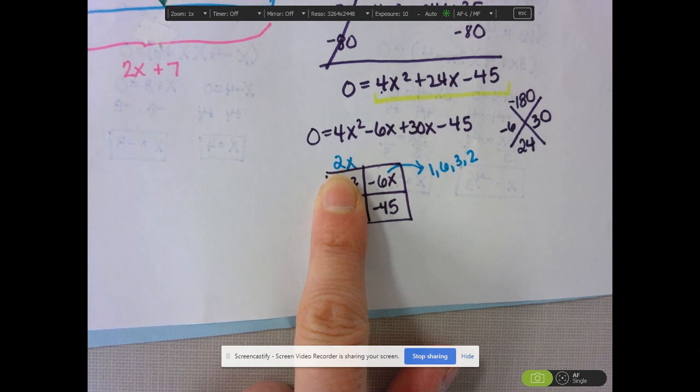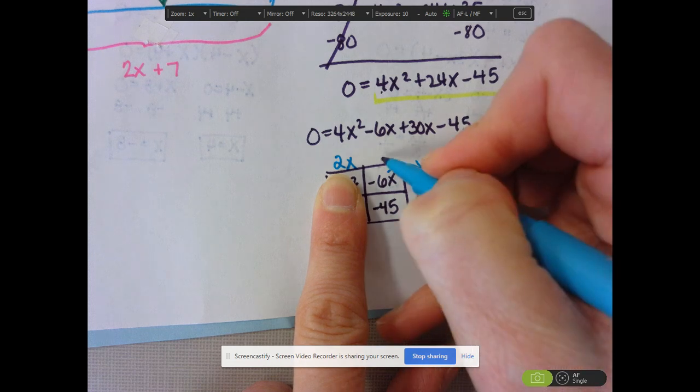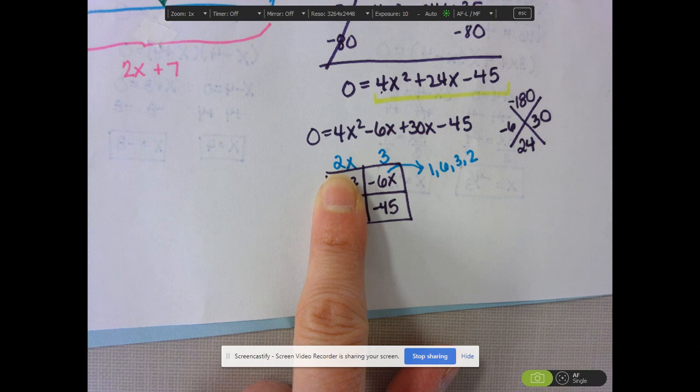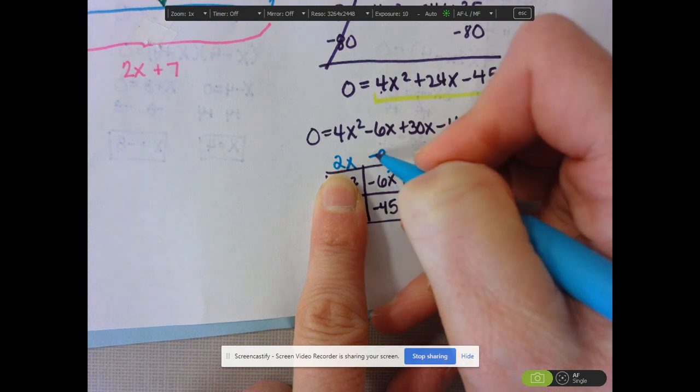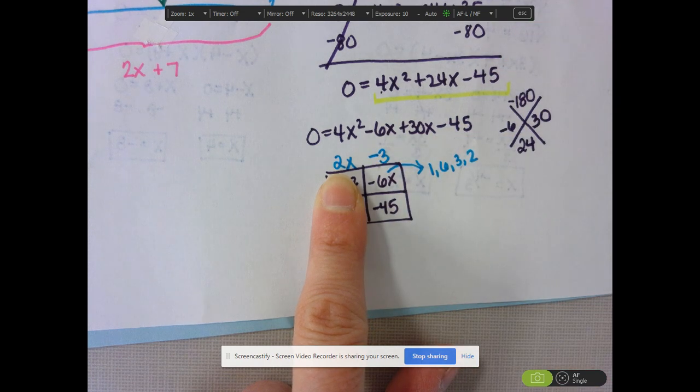Oh, it's right there. 3. Positive or negative? Negative. That's how we figure out a GCF. Find the factors of your smallest number, make that list if you're not sure, and then find the biggest number from that list that will go into both terms.